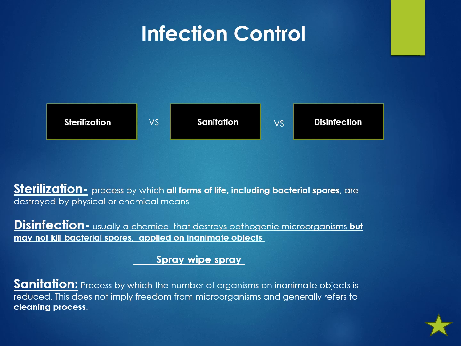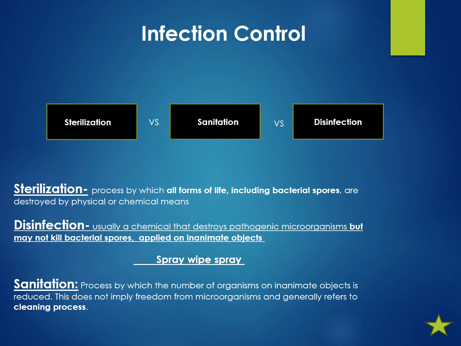First of all, sterilization. That's a process in which all forms of pathogenic bacteria, including bacterial spores, are destroyed by a physical or chemical means, such as when we're autoclaving our instruments like you've seen in the sterilization area the other day.